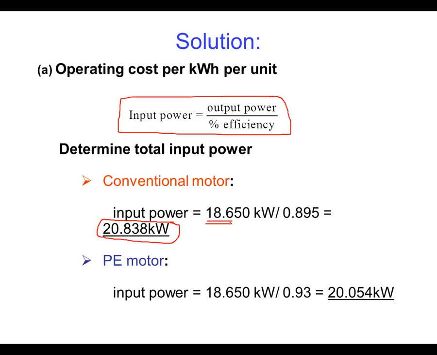For the PE motor, the input power is equal to 18.650 kilowatt divided by 0.93, which is the 93% efficiency, and that will equal 20.054 kilowatt. That means it needs less input power to operate.